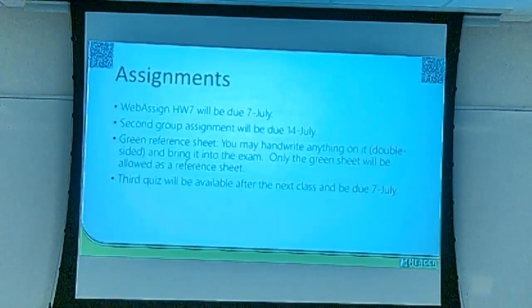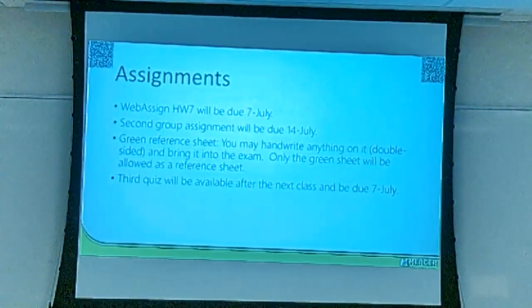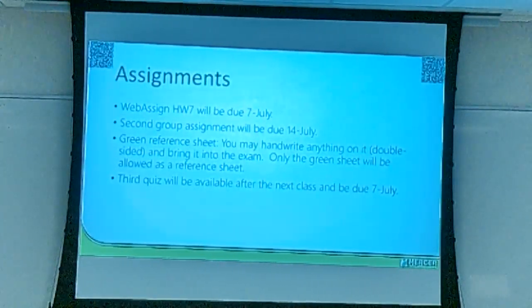So, new homework available, homework 7. The third quiz is available after next class, and it will be due Monday. And the second group assignment, you don't have that much time to work on it. It covers only this multivariate stuff. Also on there is something I'm not covering in class: multivariate optimization.